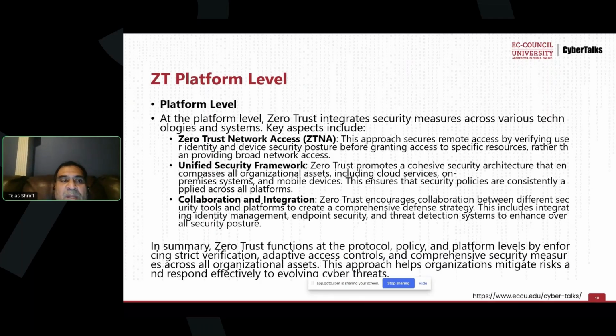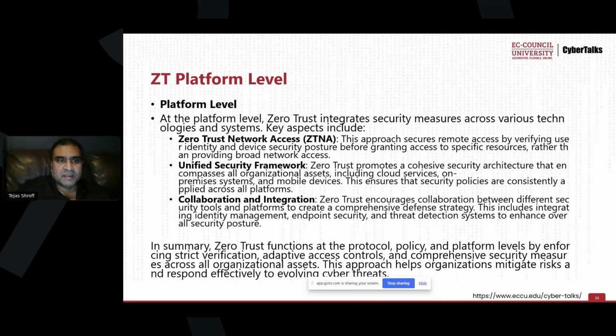The policies need to be applied across all platforms. There is no such thing as a mobile Amazon policy and then an on-premise laptop having a different policy to access Amazon.com. It needs to be a unified framework which allows you to access things consistently across all platforms using the same types of policies.